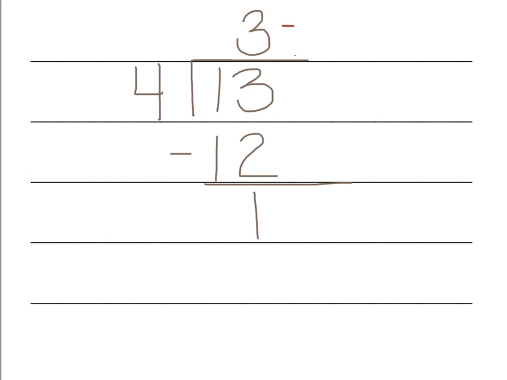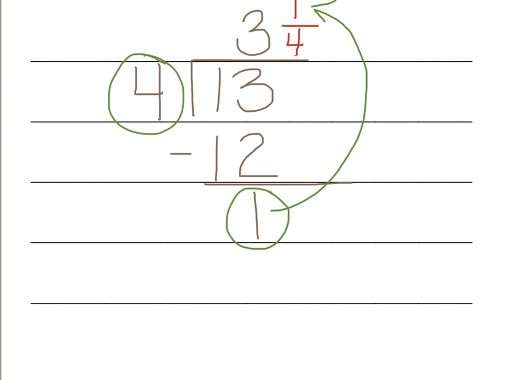Well, I had 4 friends, and there's 1 donut that we would split between all 4 friends. So 1 over 4. Again, my 1 came from my remainder, and my 4 came from my divisor.